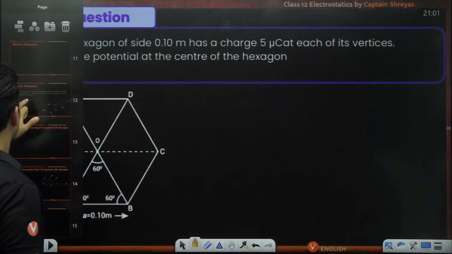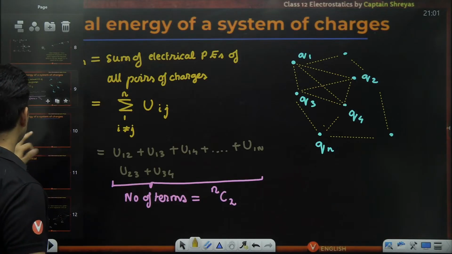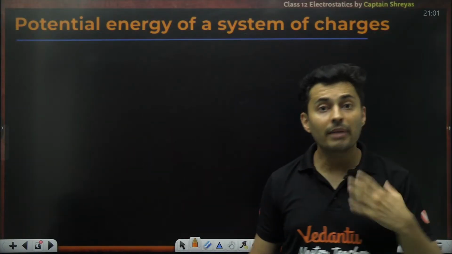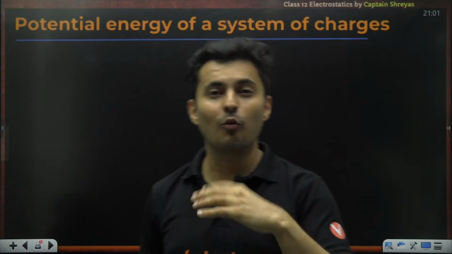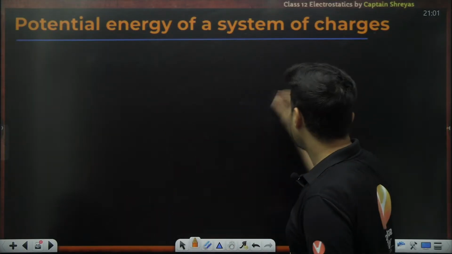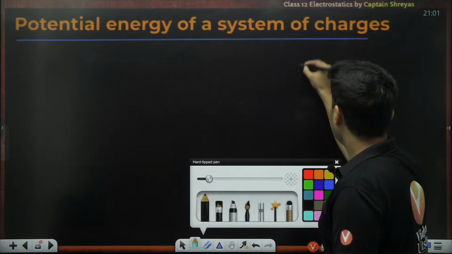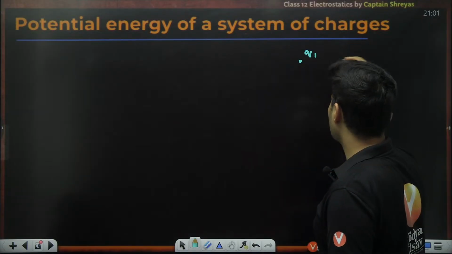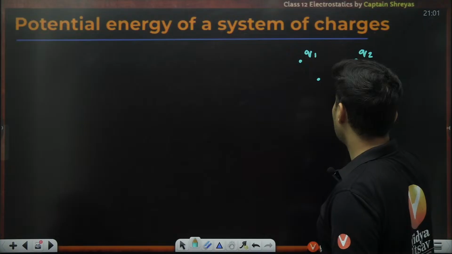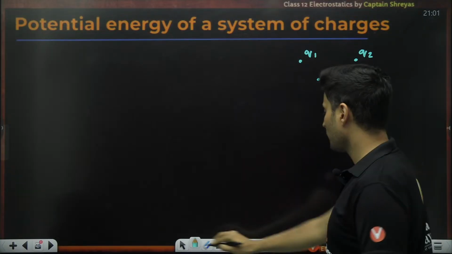Now, there comes another interesting concept over here. Observe this carefully. Many times they might ask you how much is the work done in a certain process. Very, very important. See, guys, maybe right now you have charge 1 here, charge 2 here, like that many charges are there. This is your nth charge.